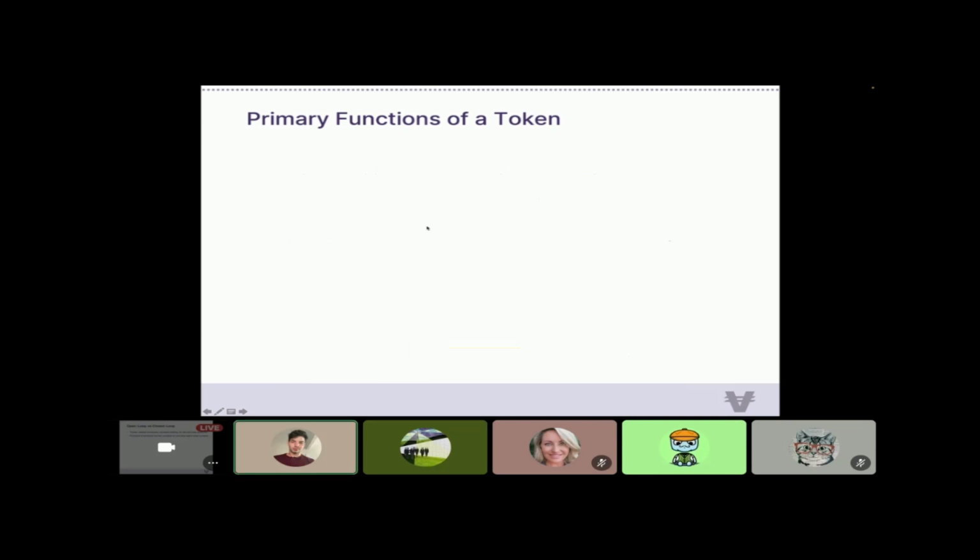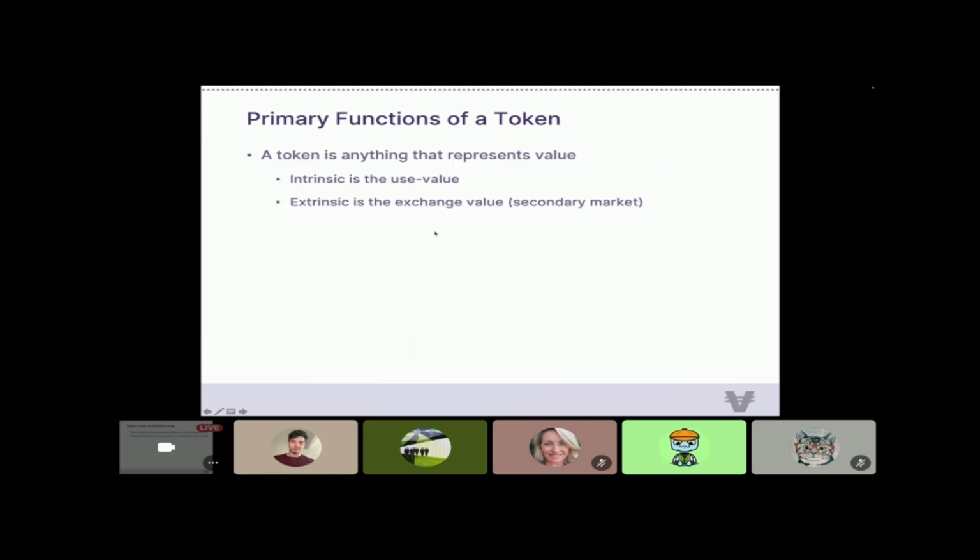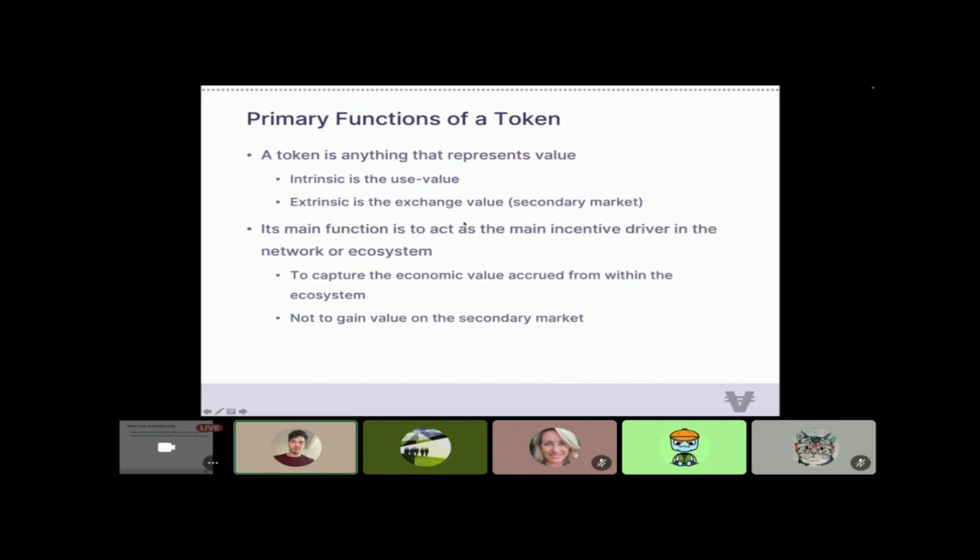Some primary functions of a token: it is pretty much anything that represents value. It can have an intrinsic value, which is the use value. We'll talk a bit about that later on. And then we have the extrinsic value, which is what people give it by trading on a secondary market using an exchange.